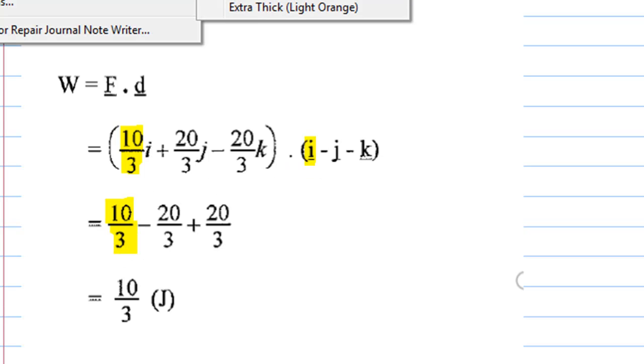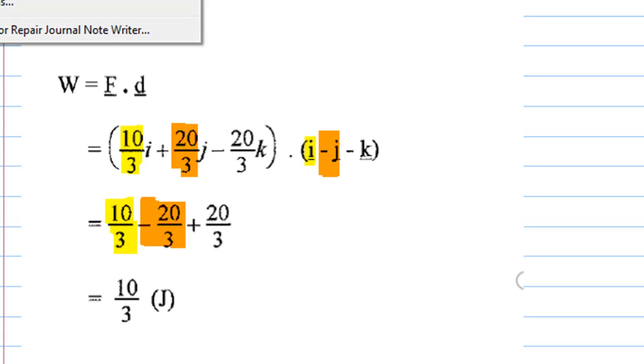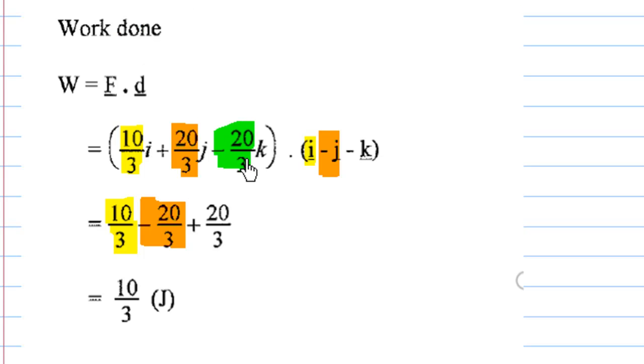Then 20 over 3 j dot minus 1 j, you get minus 20 over 3. And the third one, minus 20 over 3 dot minus 1, you get 20 over 3. So add them up, you get 10 over 3, and that will be the work done.